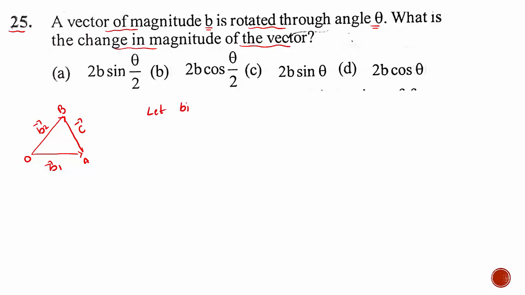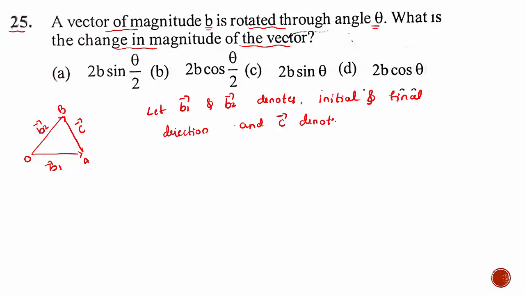Let vector b1 and vector b2 denote the initial and final directions, and vector c denote the change in direction, or change in the vector.